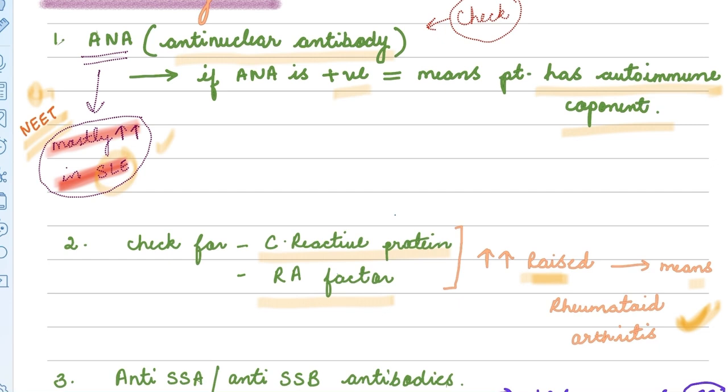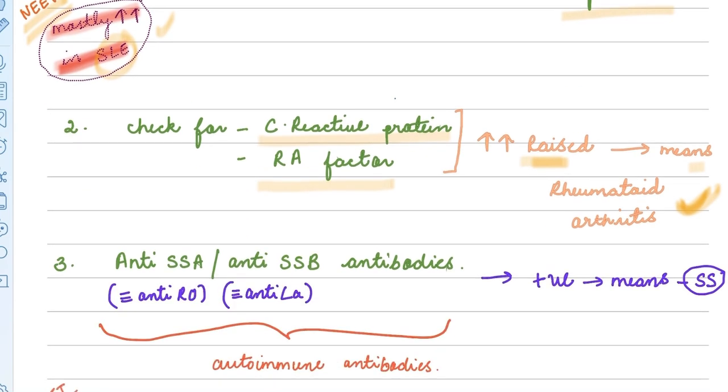As we have seen, primary Sjogren syndrome is not associated with any other disease, meaning dry eyes and dry mouth are alone. But secondary Sjogren syndrome is always associated with rheumatoid arthritis, SLE, and so on. Okay. Now third we have anti-SSA and anti-SSB antibodies. Anti-SSA is also called anti-Ro, and anti-SSB is also called anti-La.